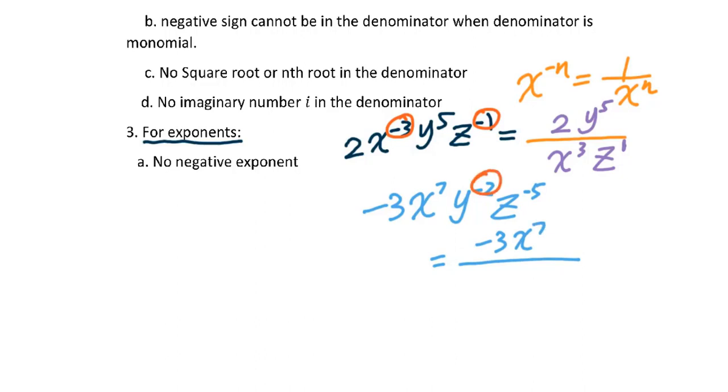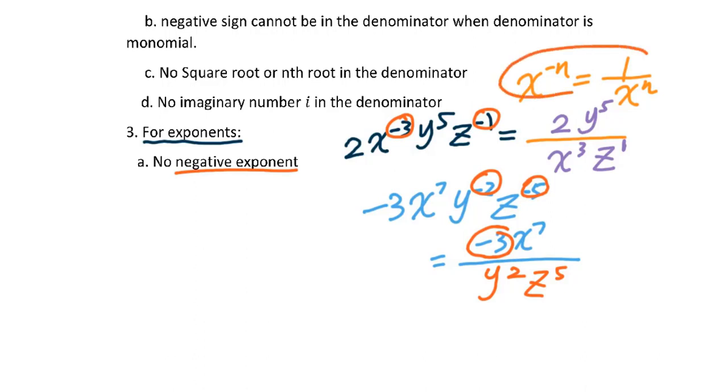Only the negative exponents we drop down, turning into positive like this. Some students mess up. They put the negative 3 in the denominator. Remember, only negative exponents go to the denominator so that you can change negative exponents into positive exponents.